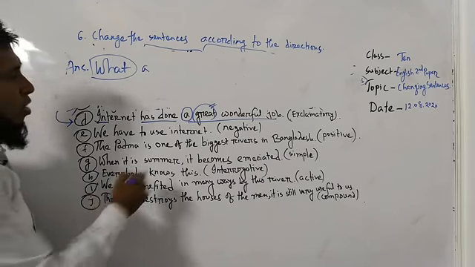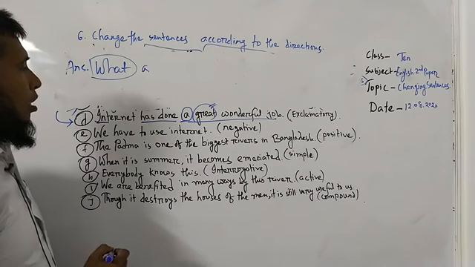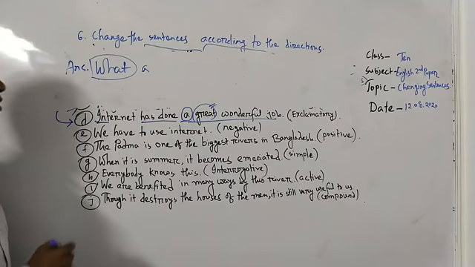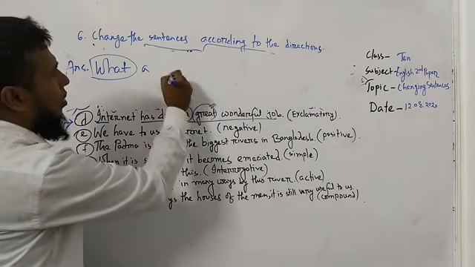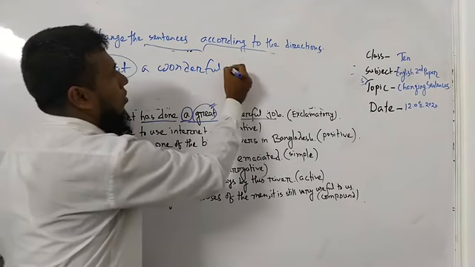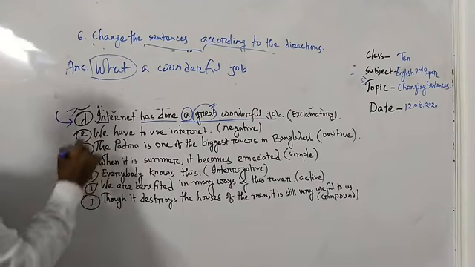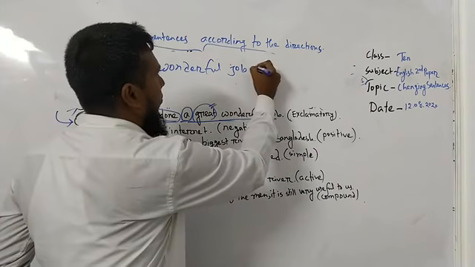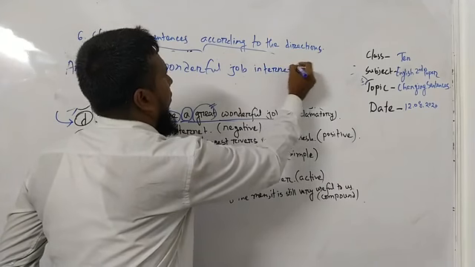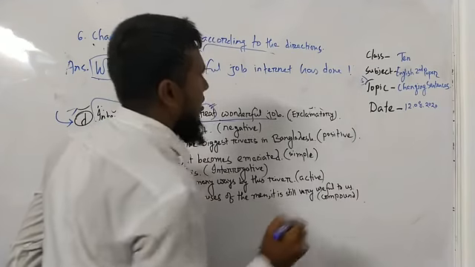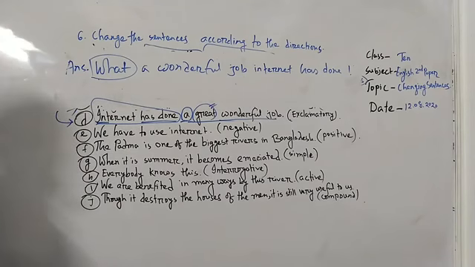Because here we have found a, and if we don't find a, then here will be how. What a, and then here we have to write what a wonderful job, and then these parts we have to write. Internet has done, and here will be exclamatory sign. What a wonderful job internet has done.